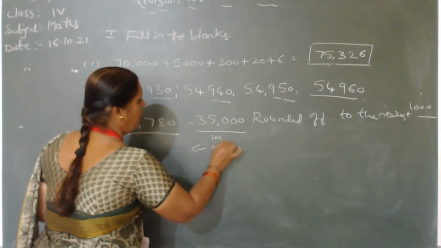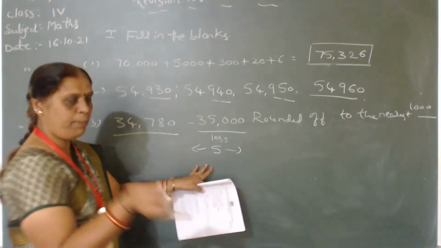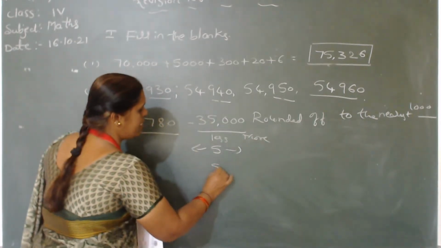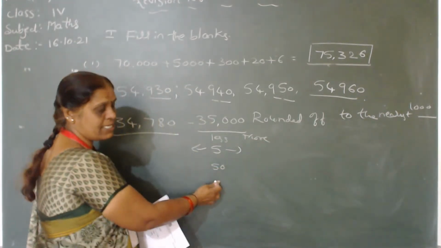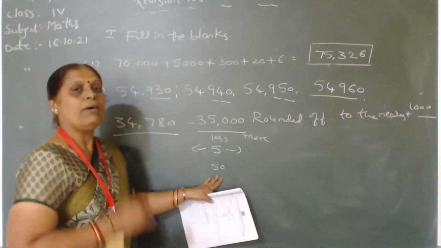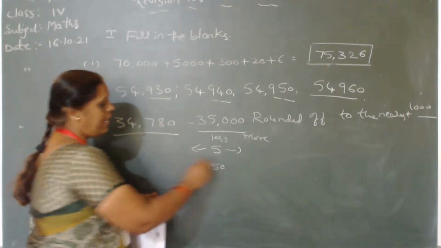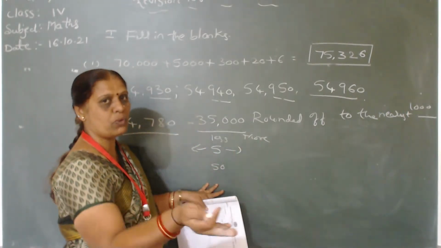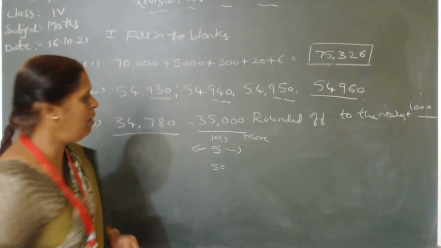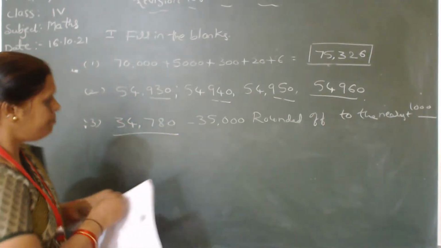Less means we come back to the left number, and more means we go to the next ten. The same follows for the nearest hundred: 50 or less than 50 means we come back, and more than 50 means we go to the next hundred. This is about rounding of numbers.